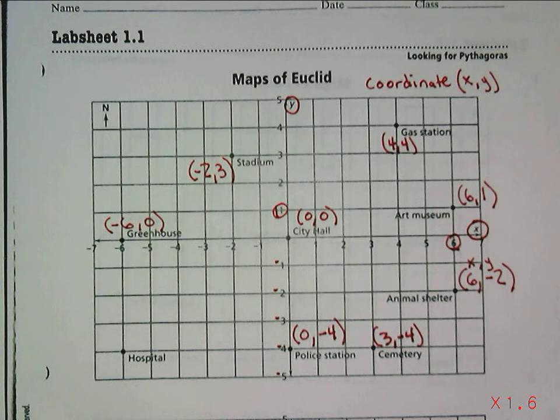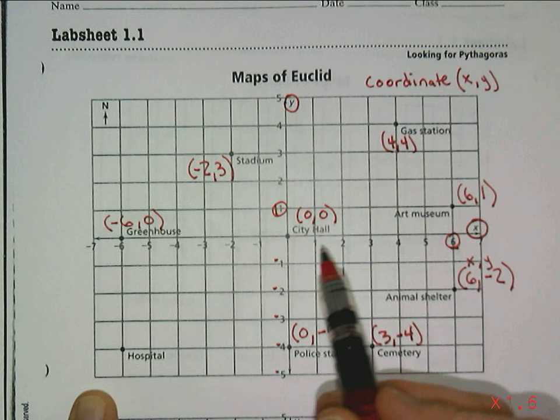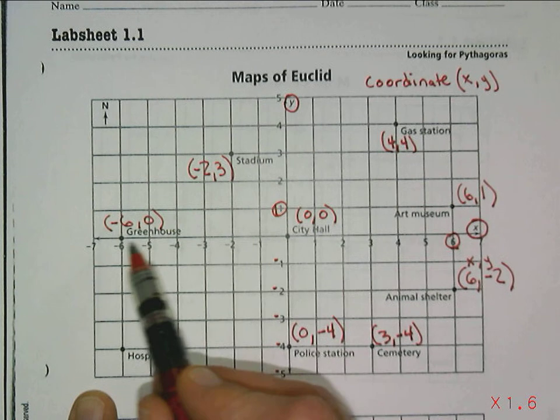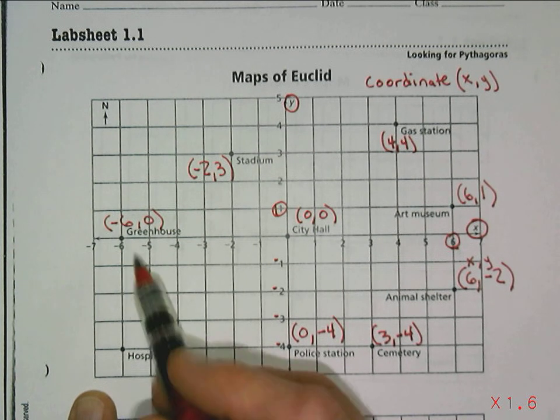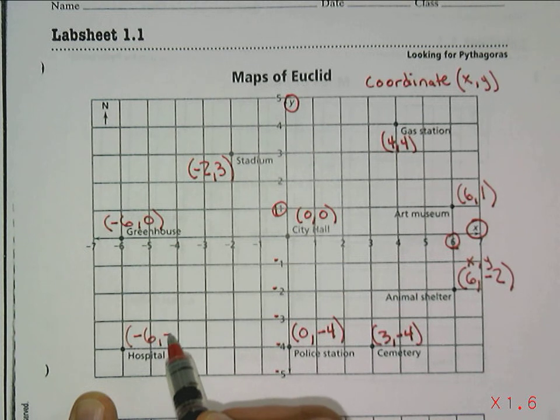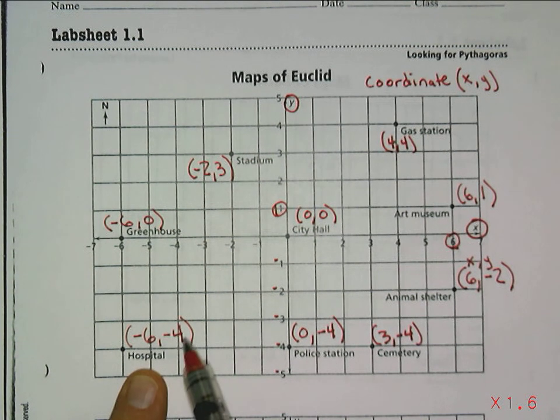And finally, one last location on our map, the hospital. To get to the hospital, again, if we use the x coordinate first, which we always should, we're going to go -6 and then -4. And you can see from our coordinates that things that are over in this area are both negative coordinates.